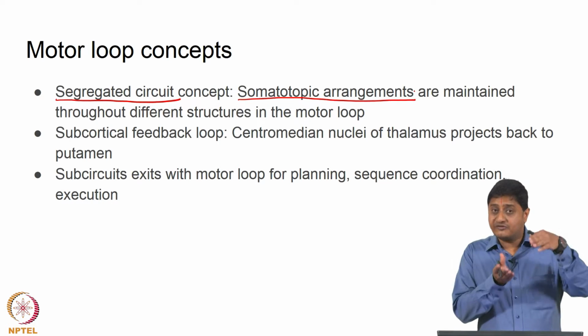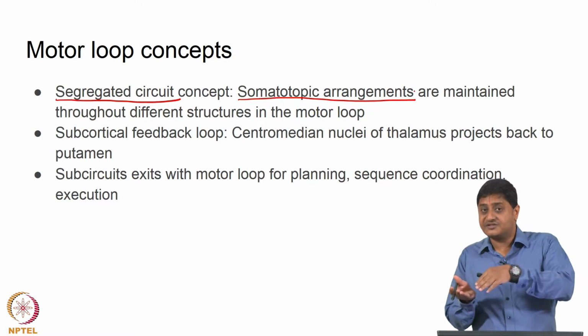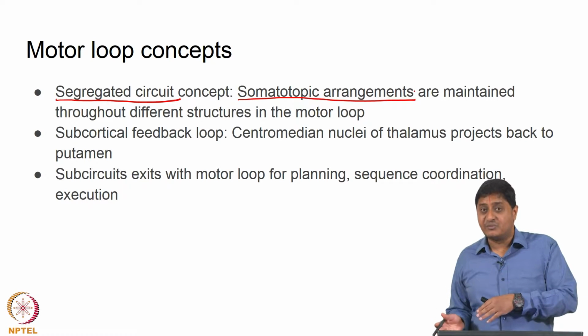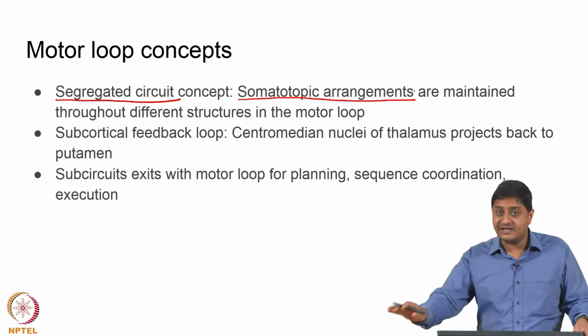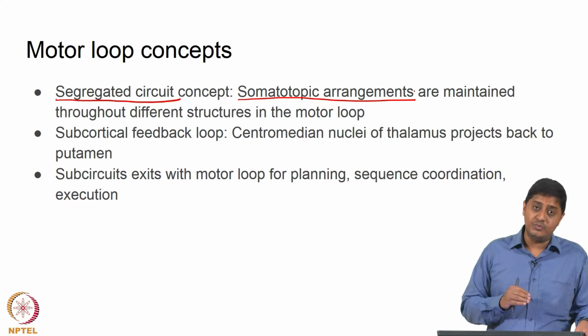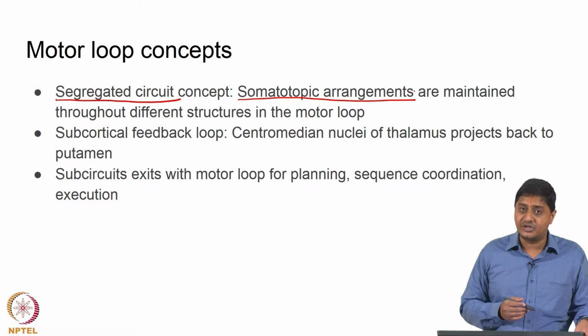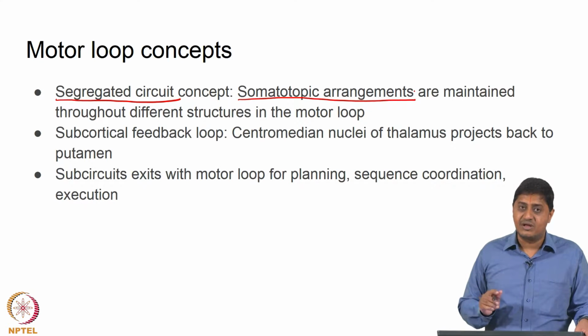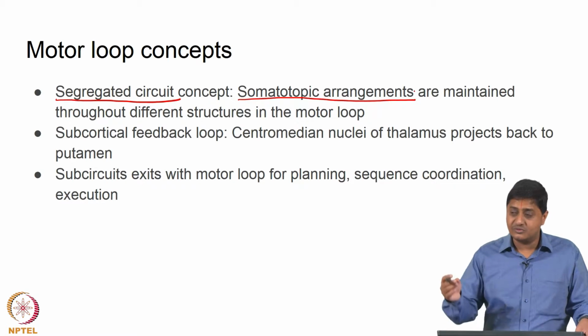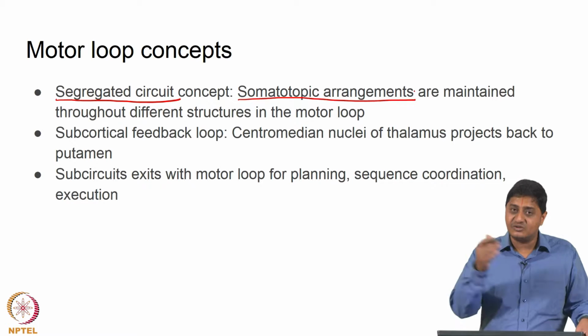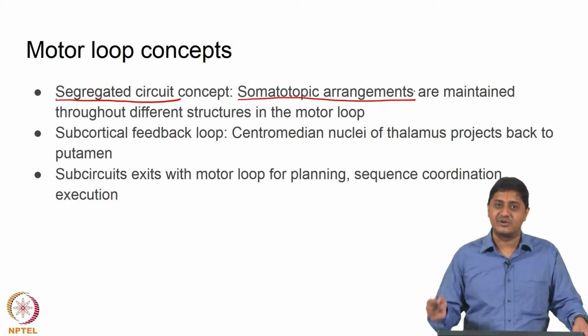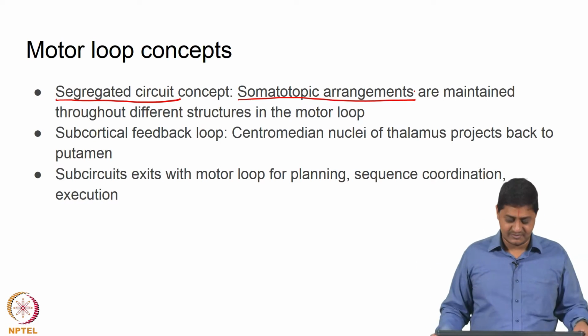In other words, motor function is separately maintained from executive function, which is separately maintained from limbic function, etc. Within the motor loop, different areas of the frontal cortex, different areas of the motor cortex project to different areas in the striatum, and the connections from the striatum to the pallidum, from the pallidum to the thalamus, and from the thalamus back to the cortex are maintained separately throughout. There is no mixing of this.